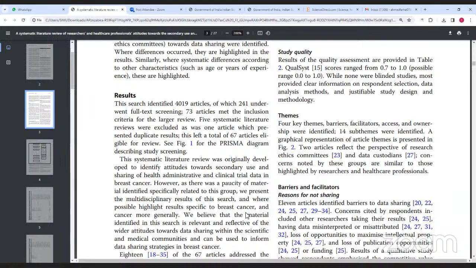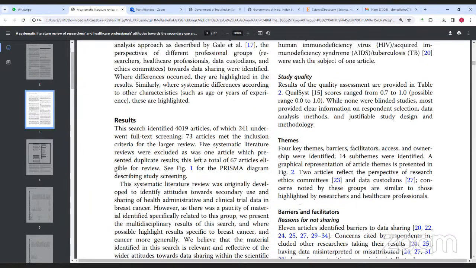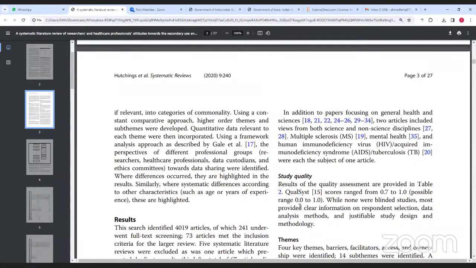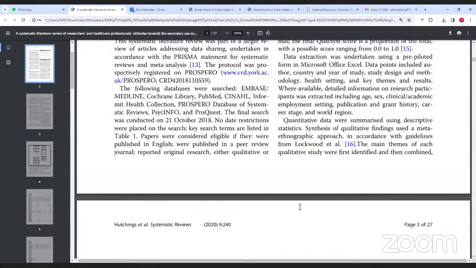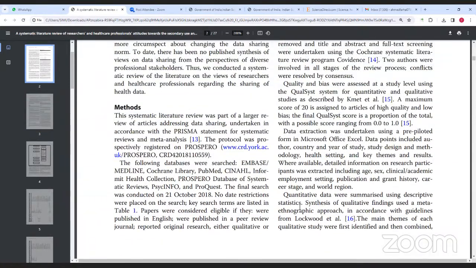But sir, wouldn't that include our bias? Because I can assign whatever weightage I want. So how can we be objective? No, I have told you, these are some of the indicators of weightage. But there is a system. You can check this Qualsyst. That is one weightage system. All right, sir.